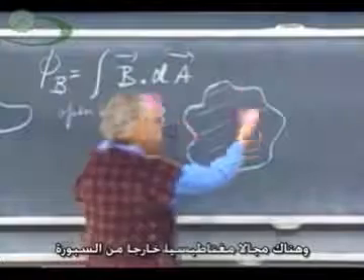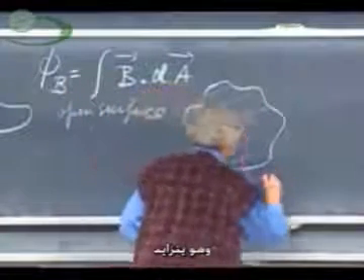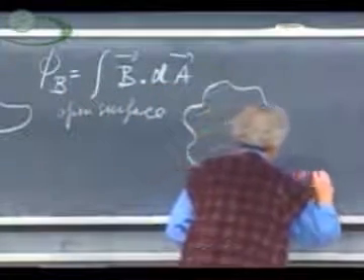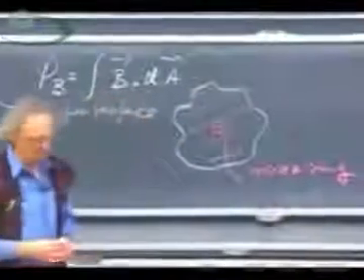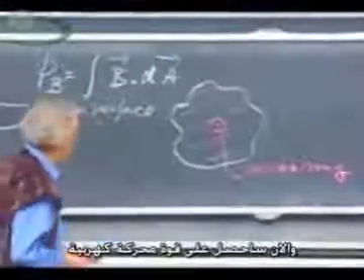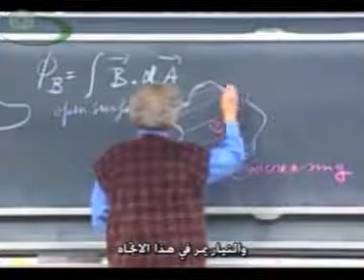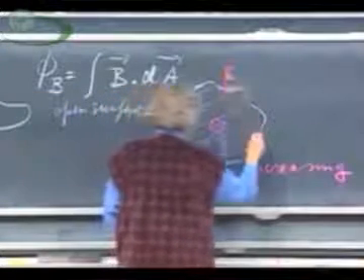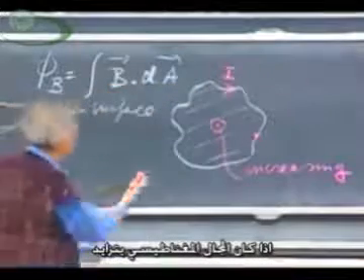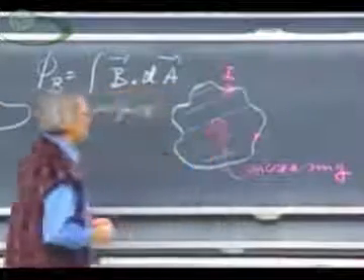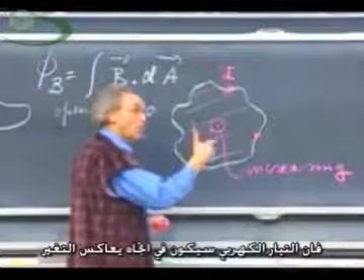And there is a magnetic field coming out of the blackboard at me, and it is growing. It is increasing. I will now get an EMF, a current, flowing in this direction. Lenz's law: if the magnetic field is increasing, then the current will be in such a direction that it opposes the change.